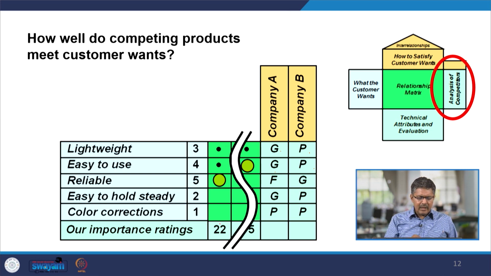By understanding this we can understand where we are in comparison to the competitors. For example, we have taken a score, 3 into 1. So, for company A, it gets 22. This is how it goes.